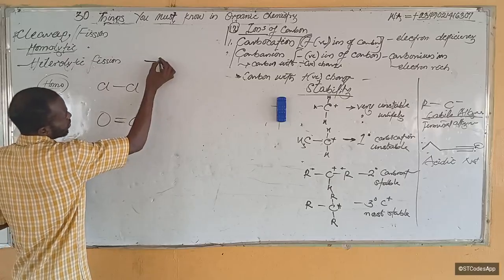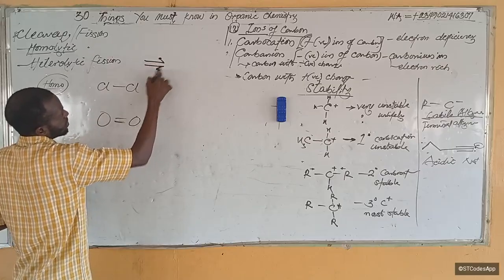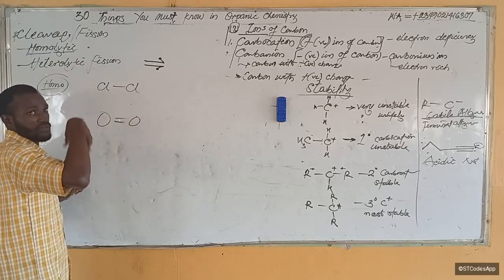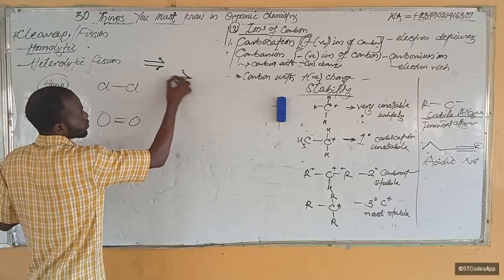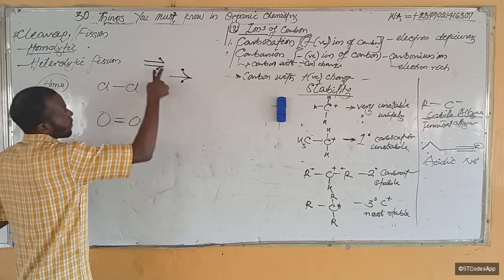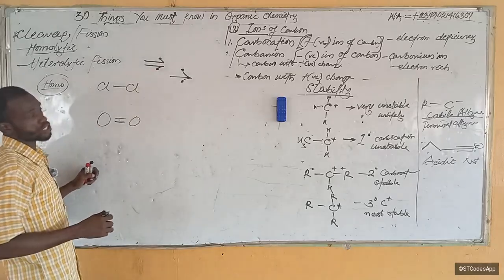Think of this tail here as one electron leaving. The second arrowhead will look like this. Had it been a full arrowhead, this one shows that only one atom gains both electrons. But this half arrowhead shows that the two atoms get an equal share of the electrons.